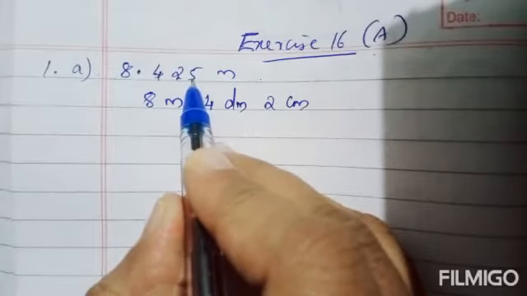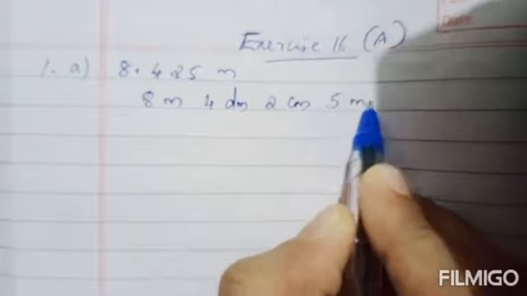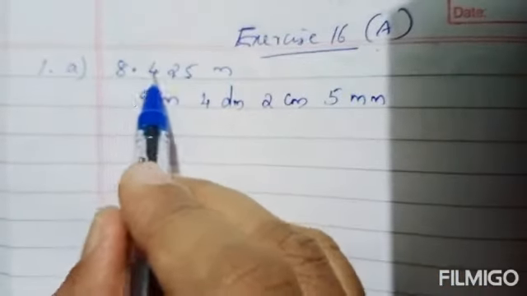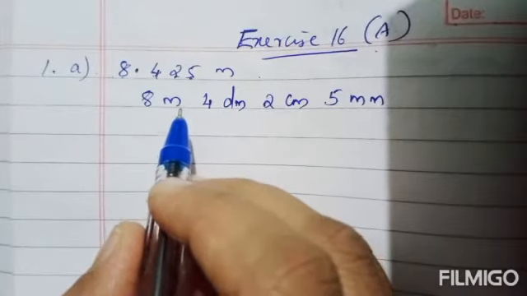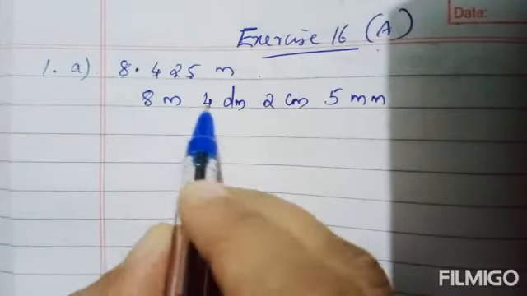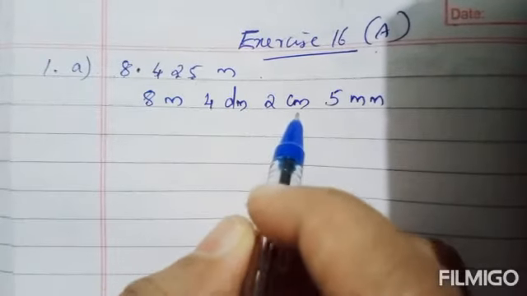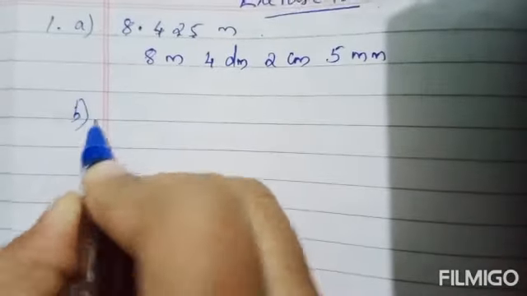The thousandth place is millimeter, so 5 millimeter. So 8.425 meter is 8 meter, 4 decimeter, 2 centimeter and 5 millimeter.